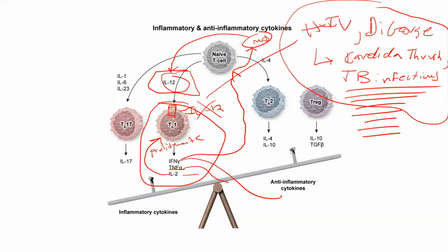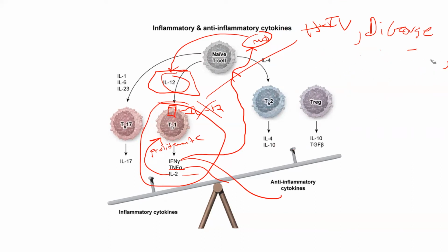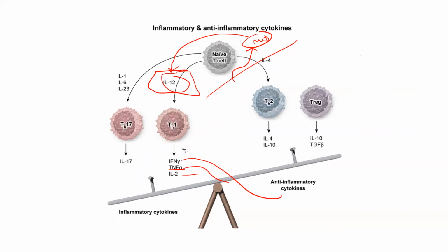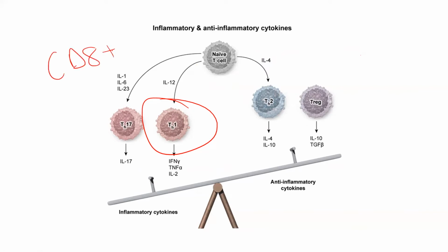Okay, good. All right. On the other hand, over here, your Th1 cells, remember bacterial, tuberculosis, and viral things really are controlled from this helper cell. Yes, I will talk more about other types of T cells like the CD8 positive cell and how they respond to viruses.